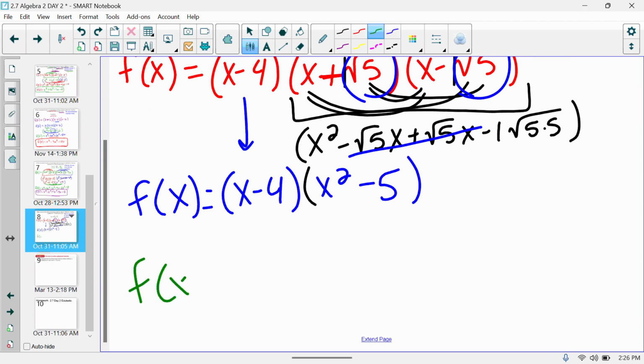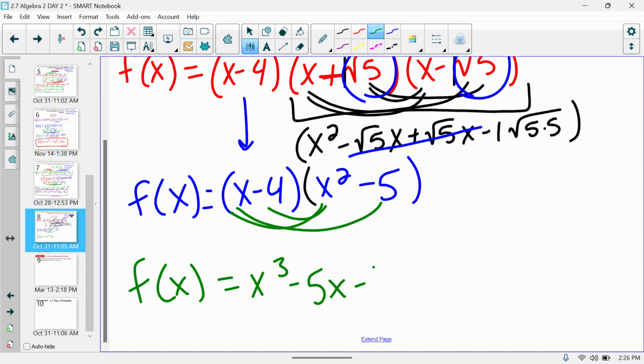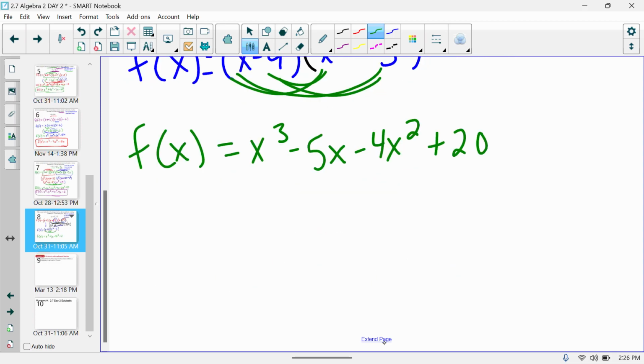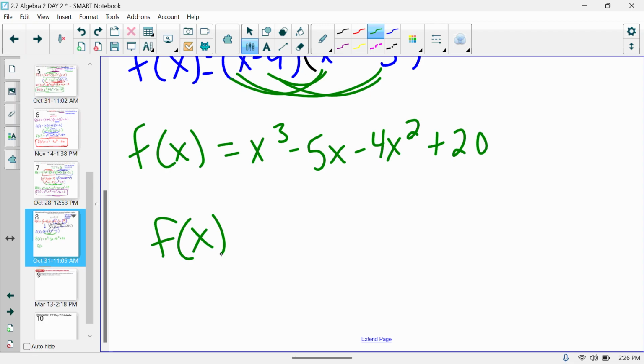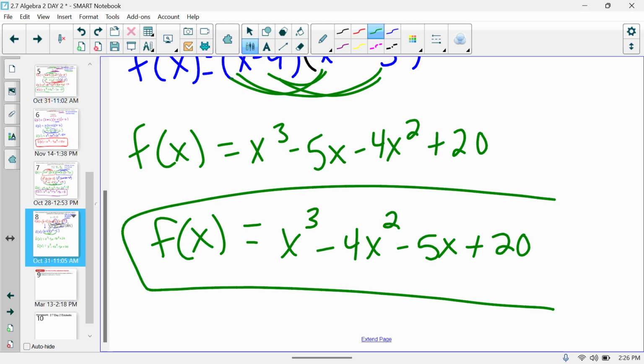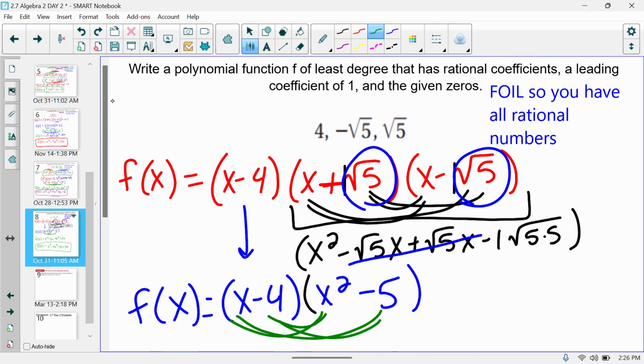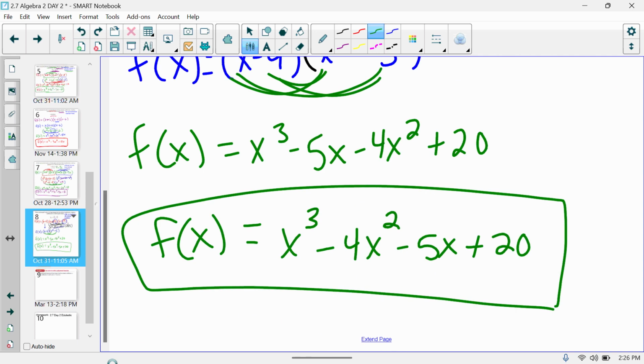So to finish this, we're going to do x times x squared, which would now be x to the third, negative 5 times x, negative 4 times x squared, and negative 4 times negative 5 is positive 20. There's no like terms, but it's not in standard form. Remember, we should have the x to the third first, then the x squared term, then the x term, then the constant term. Okay, again, it'd be easy to check it, plug it in your graphing calculator, and see if it crosses the x-axis at those 3 places.